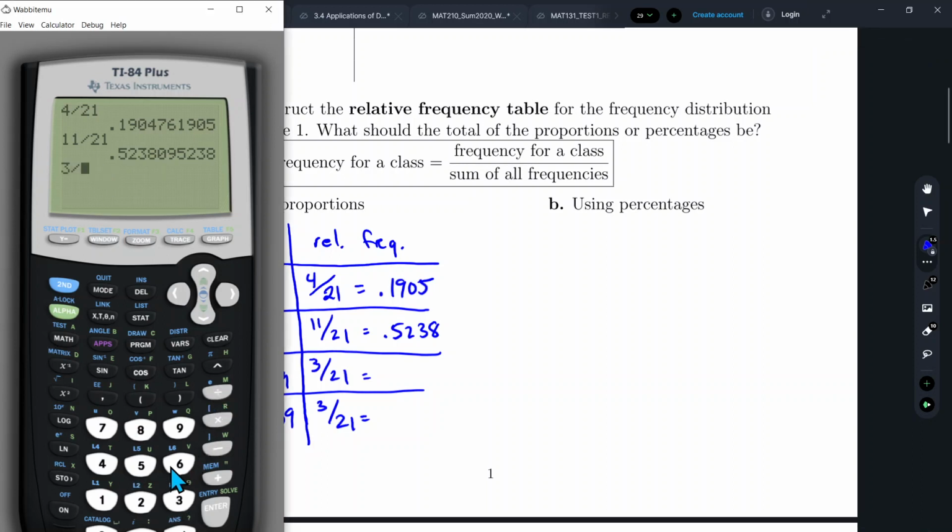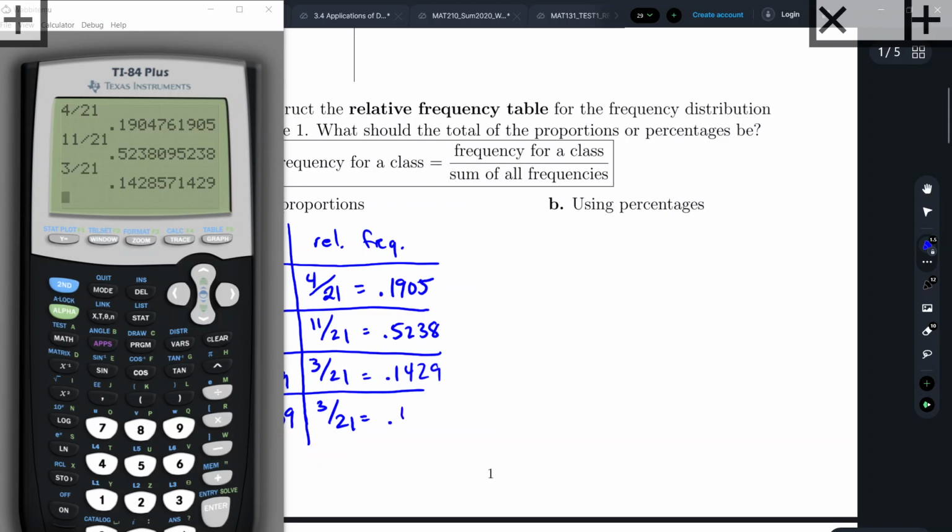And then 3 over 21 is 0.1429. And then this is the same calculation, so it's also 0.1429. Okay, so these are the relative frequencies.